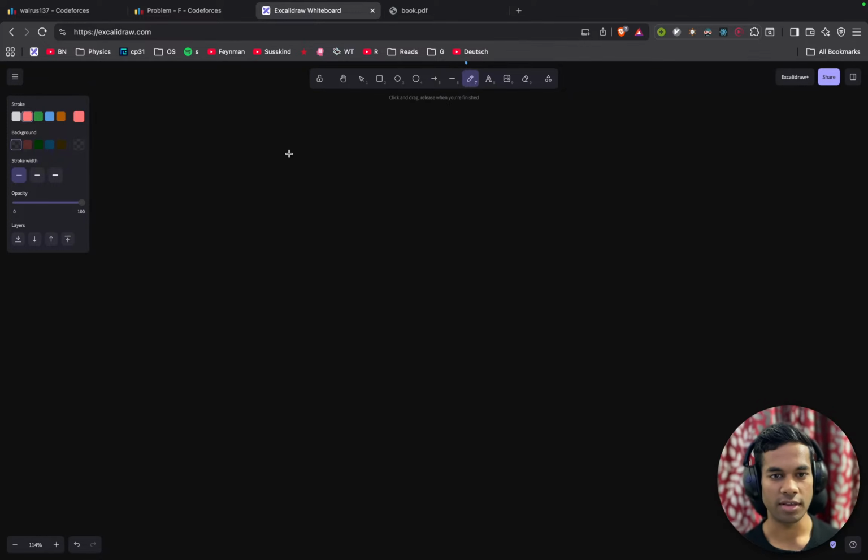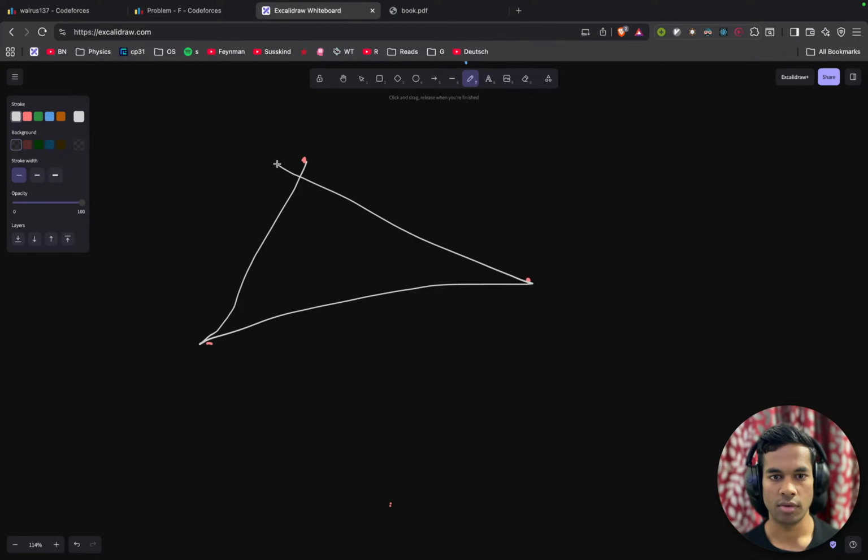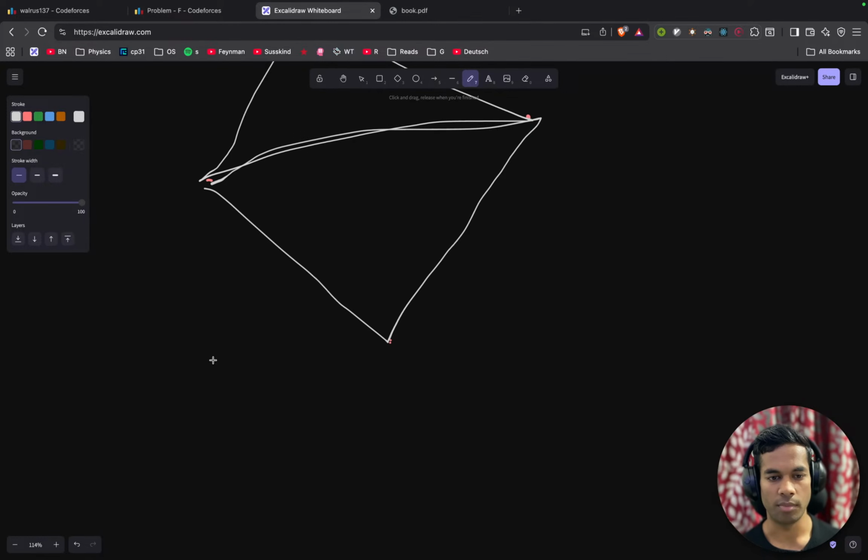Okay, let's just think about it. If we have 4 points, we have a quadrilateral, we have to find out its area. We can divide the quadrilateral into two triangles, which we can decide on from the 4 points that we have.